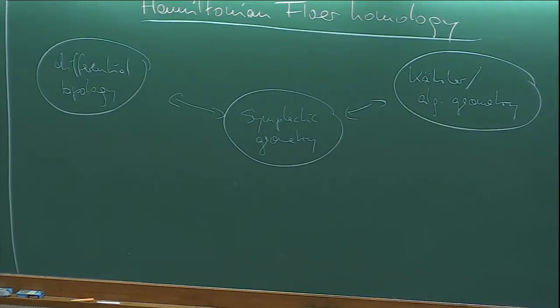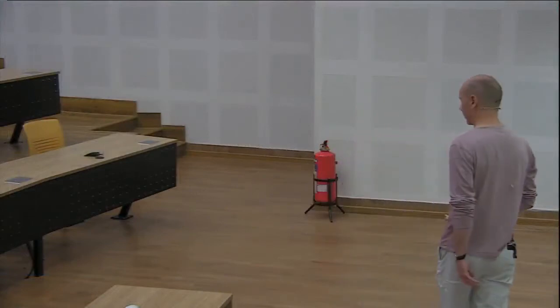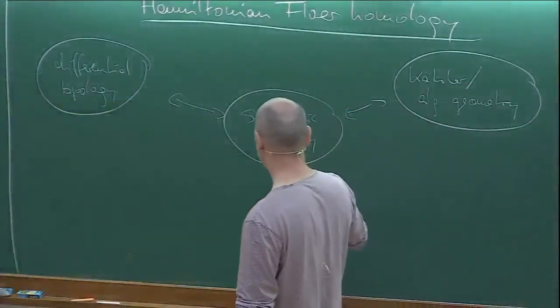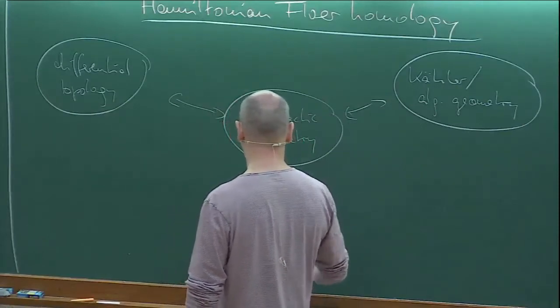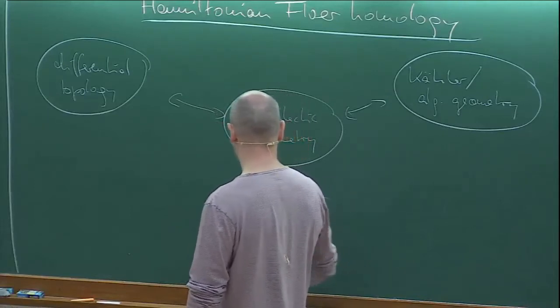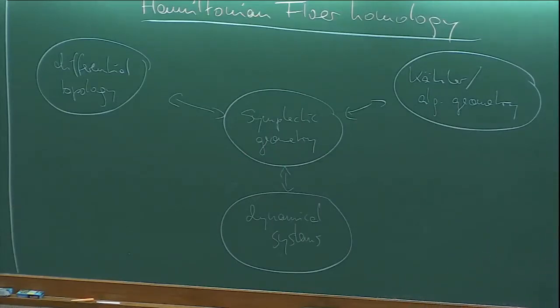But actually, the initial development of symplectic geometry came from a completely different area, which hasn't been talked about very much so far, at least while I've been here, and that's the theory of dynamical systems, and more precisely, the theory of Hamiltonian systems. In some sense, the starting point of symplectic geometry was the goal to understand Hamiltonian mechanics in a more conceptual framework.